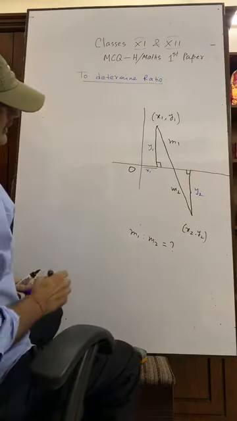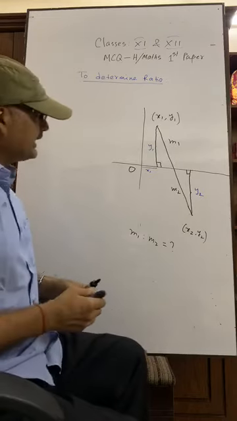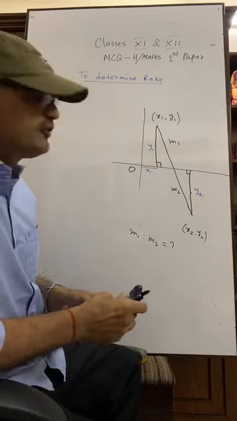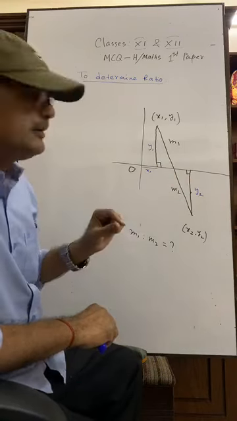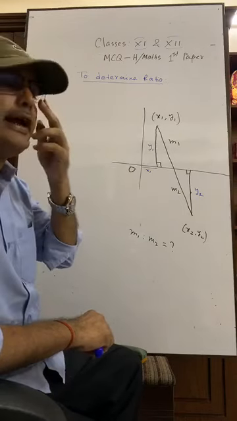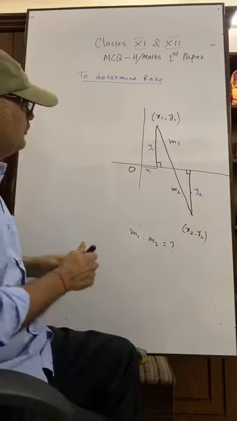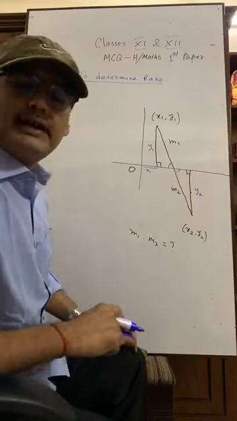Now see what's happening here. Here we have got two triangles. This angle and this angle are each equal to one right angle. Now these are vertically opposite angles.